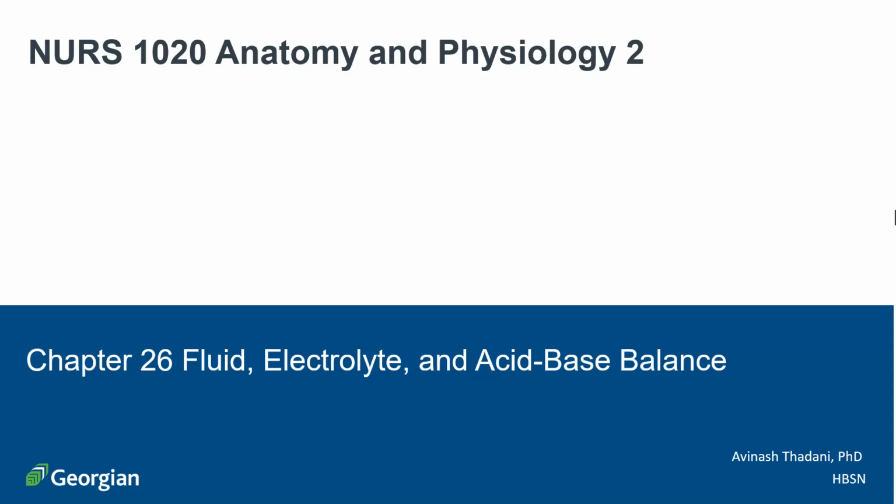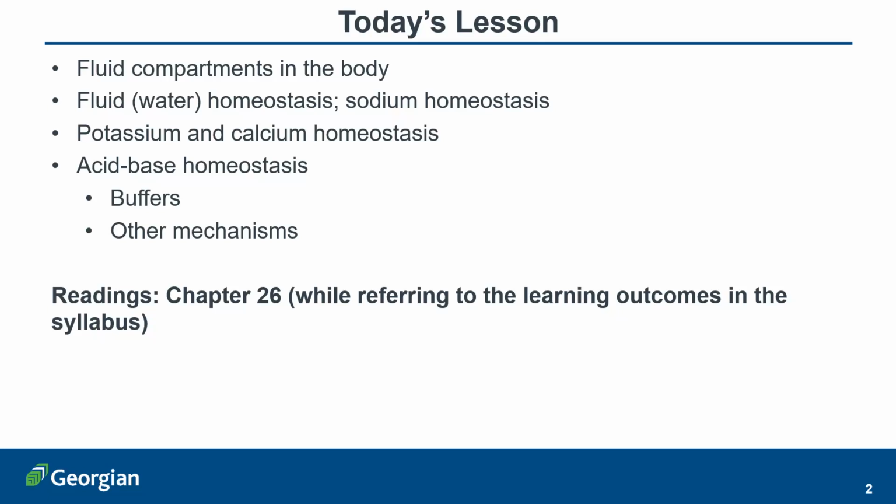In today's lesson, we'll be discussing Chapter 26, Fluid, Electrolyte, and Acid-Base Balance. Here are the topics that we'll be covering today. We'll start off by examining the various fluid compartments in the body, specifically ICF versus ECF, or intracellular fluid versus extracellular fluid, and then we'll move on through the three main topics, which is fluid or water homeostasis, which is intricately tied to sodium homeostasis.